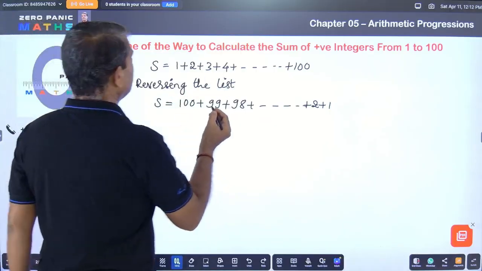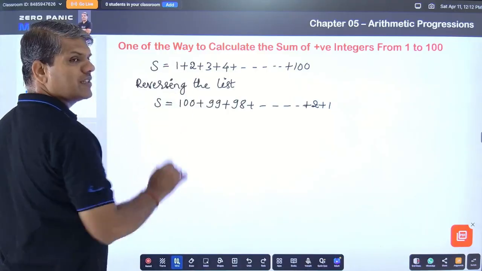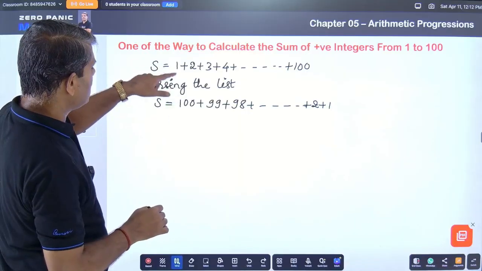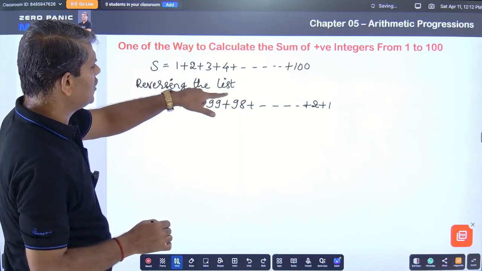Now add both the series, first term to first term, second term to second term, third term to third term.